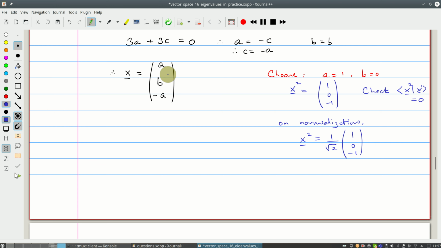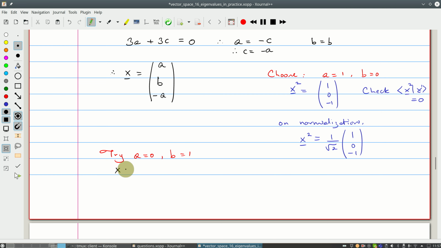We need two eigenvectors, because there are two eigenvalues which just happen to be degenerate. So I need an x3 from here. Well, let's have a look. I've chosen a is 1 and b is 0. Let's try a is 0 and b is 1.